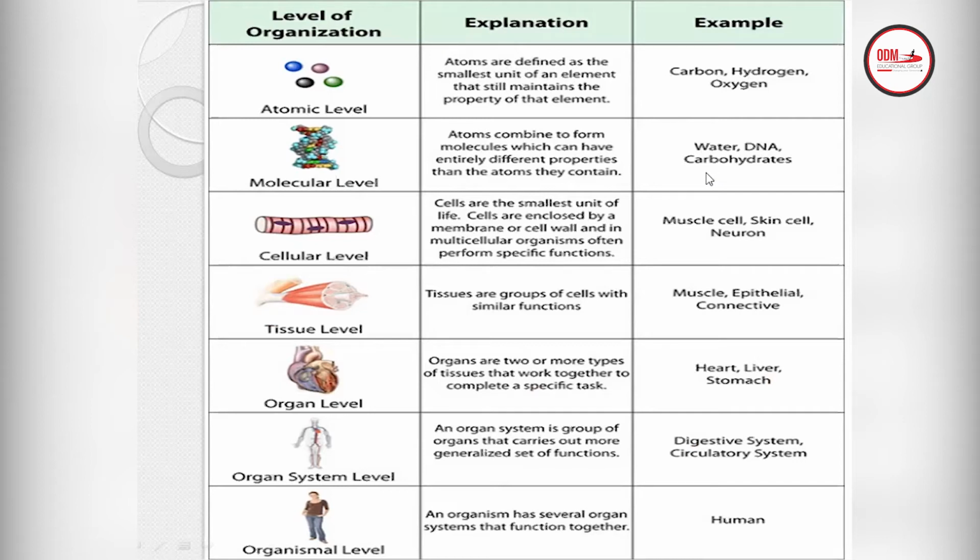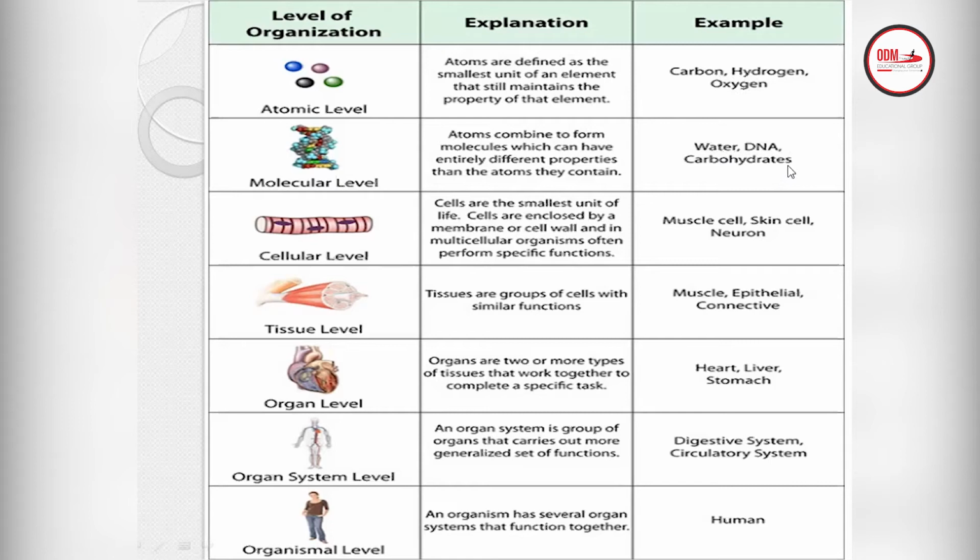Glucose here is a macromolecule, and it consists of carbon, hydrogen and oxygen. The property of glucose is different from that of carbon, hydrogen and oxygen. So in the molecular level, these are some of the examples. So these components are formed.